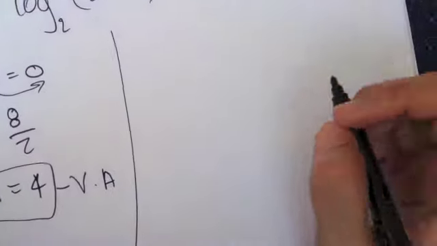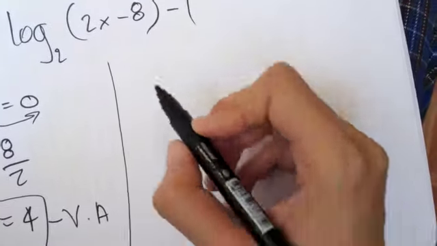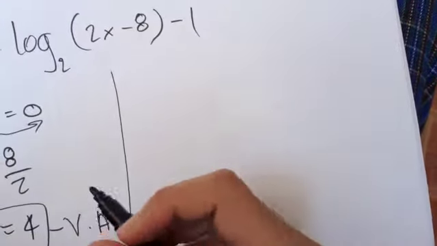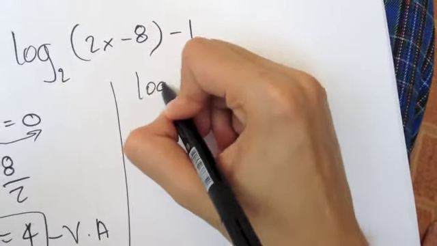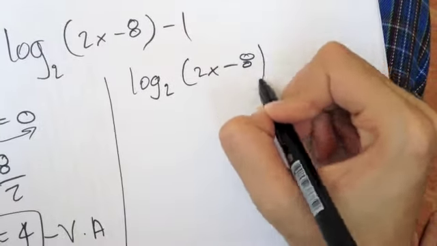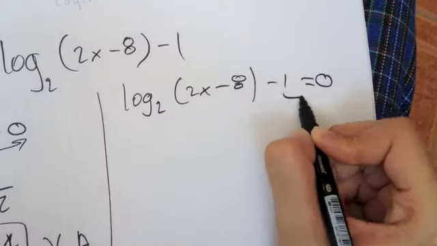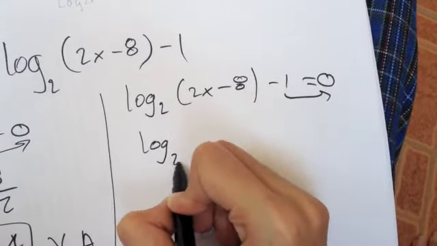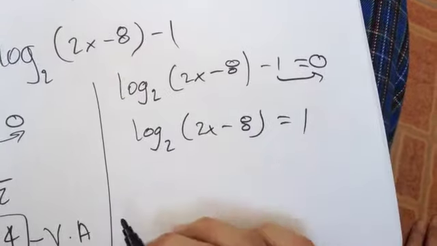And the second step is you need to find the x-intercept by making the function 0. It will be log of 2x minus 8, minus 1 is equal to 0. So you move 1 there, it'll be log 2x minus 8 is equal to 1.